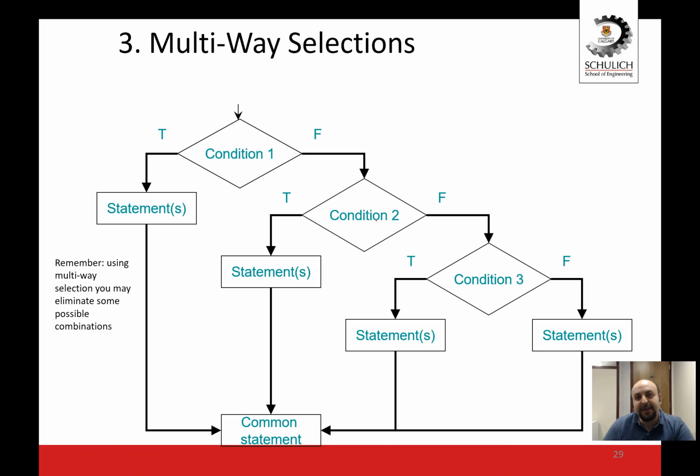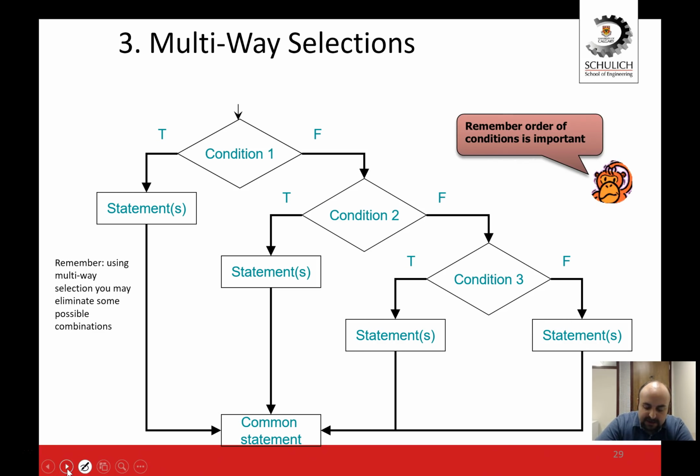This is the really key thing about this structure. If it's false, you're going to look at the next condition. If that condition is true, you're going to execute your statements and simply go out of the selection structure. So you're not going to visit every condition, unless you keep having them be false.